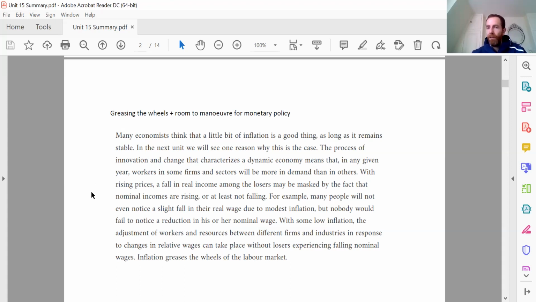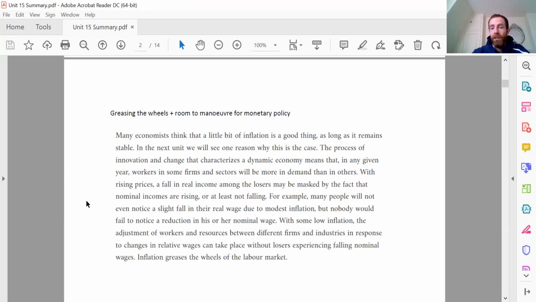But if there's, say, a 1% nominal wage increase, or even nominal wages stay flat, but there's inflation of, say, 2%, what that actually means is a decrease in the real wage. For a lot of people, that won't bother them too much, because they won't really notice a 2% change in the price level.